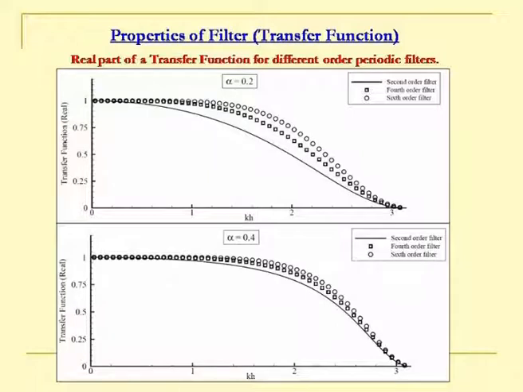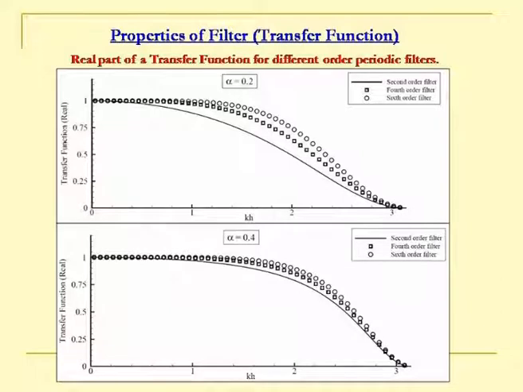So, that is what you are seeing, that it does not alter the original amplification factor, maybe all the way up to 1, but then it starts dropping off, whereas for the fourth order filter, this may start happening at 0.6, 0.7, and for the second order filter, it may start happening from 0.3 itself. So, you can see that is where the order of the filter comes into the picture.